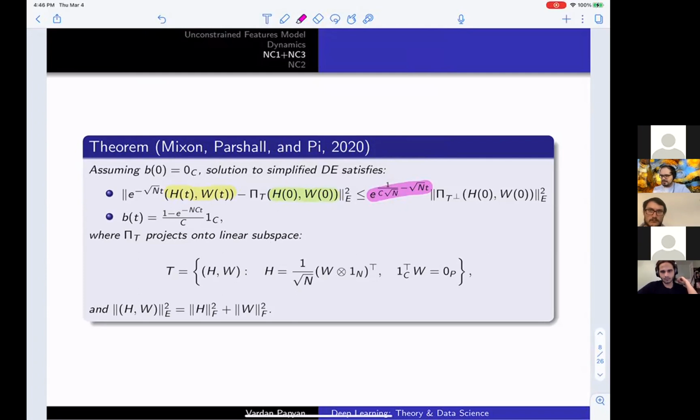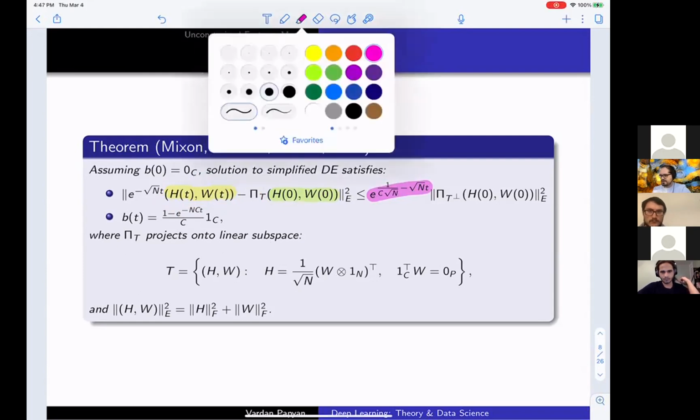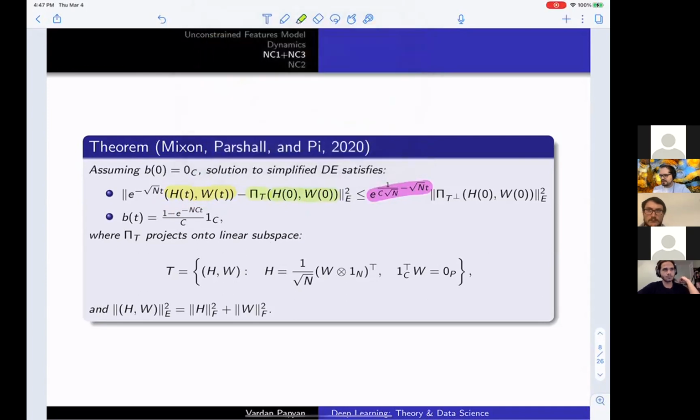So the features and the classifiers at iteration t, I'll explain in a second what t is, are close to the features and classifiers at the 0th iteration once projected to the linear subspace. Not quite, Gina.